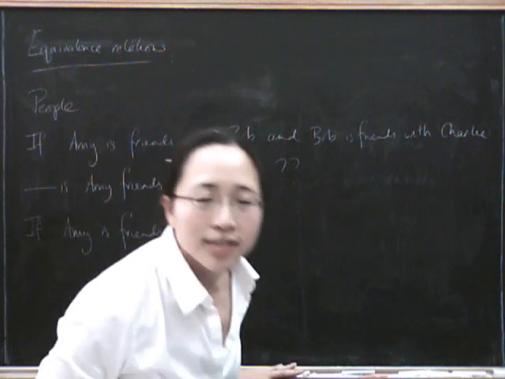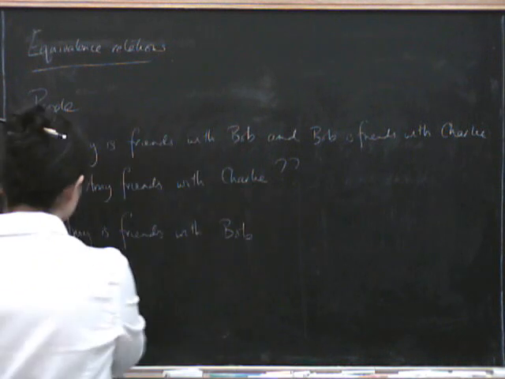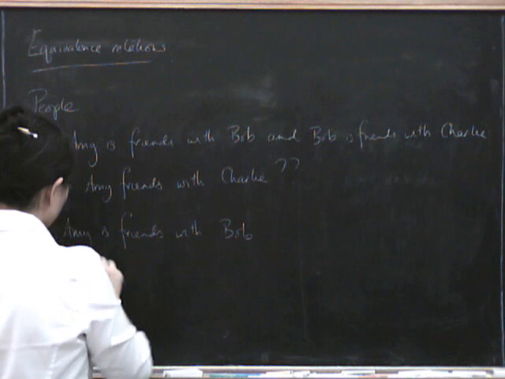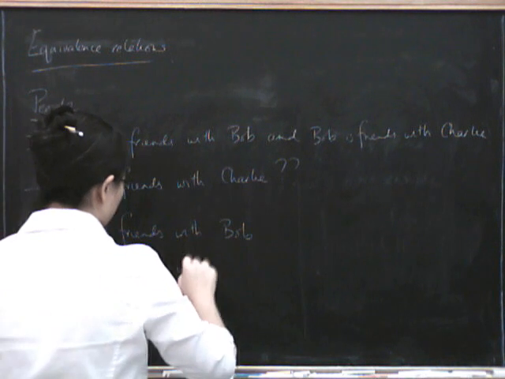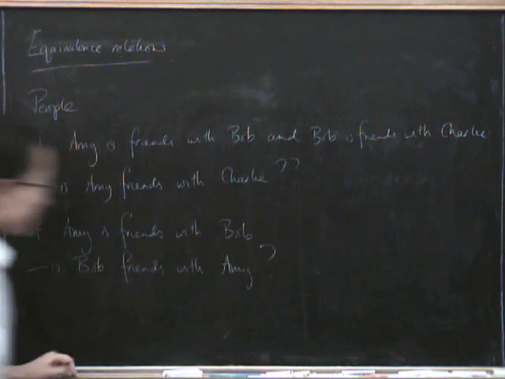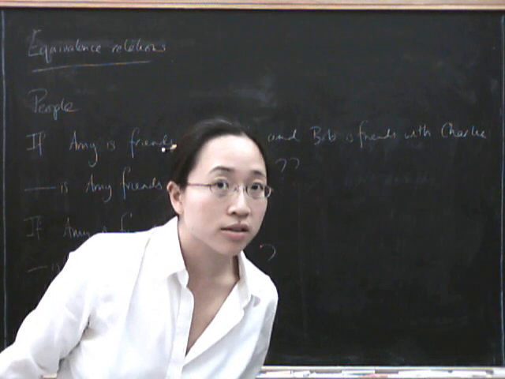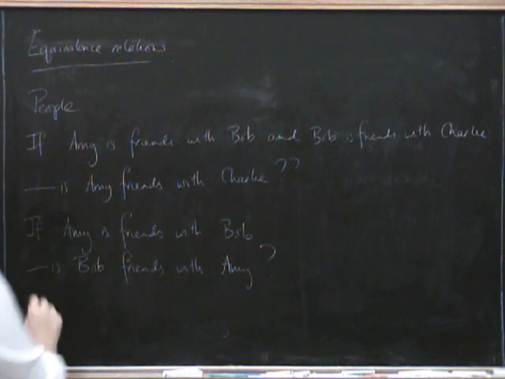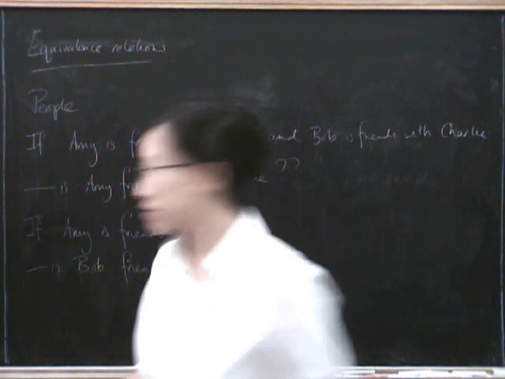Does that necessarily mean that Bob is friends with Amy? Well, that's unfortunately not very clear either. And finally, is Amy even friends with herself?